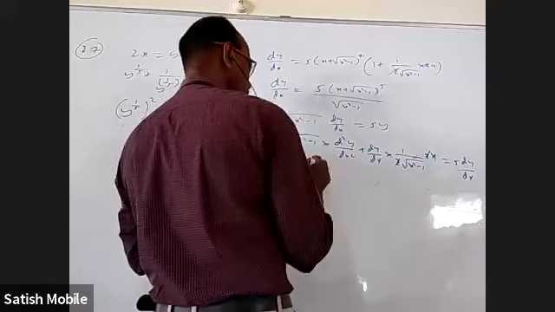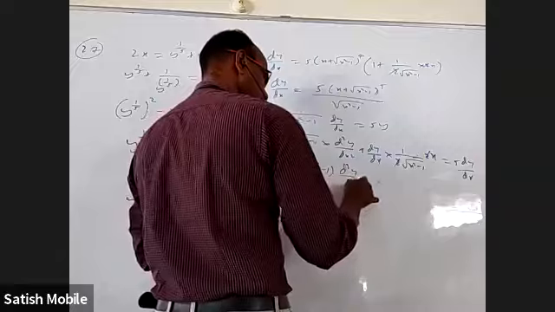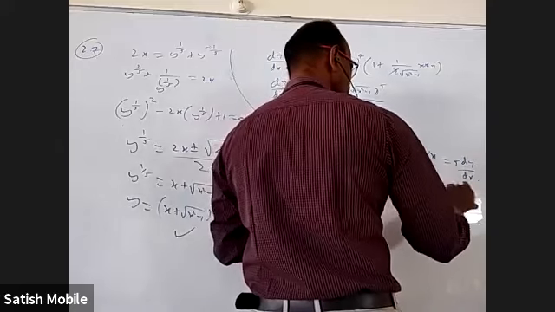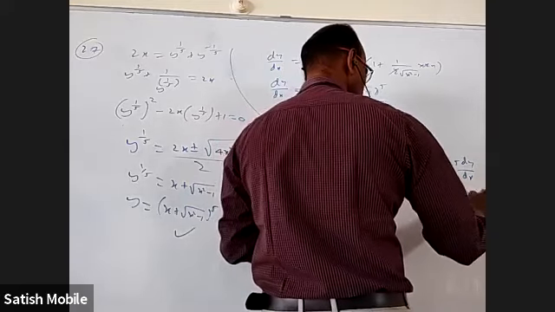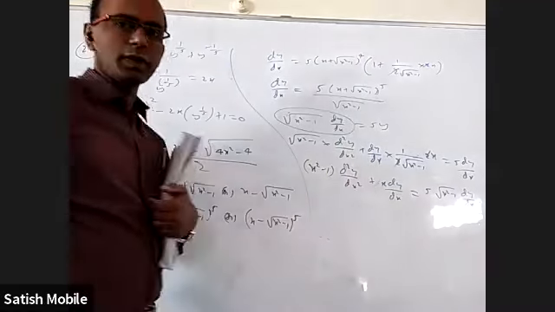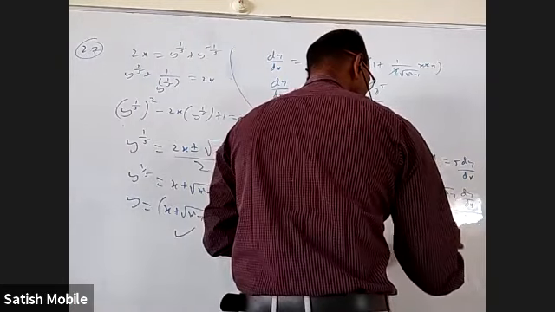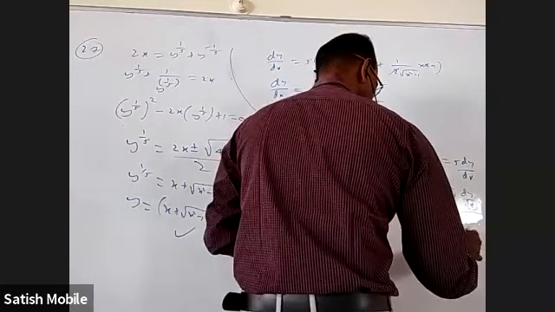When you bring this root x square minus 1 here, you get (x square minus 1) d square y by dx square plus x dy by dx equals, this denominator goes here also, 5 into root x square minus 1 dy by dx. But what is root x square minus 1 into dy by dx? 5y. Substitute that. 5 into 5y, which is 25y.